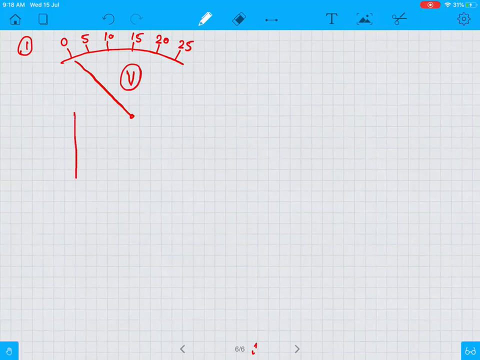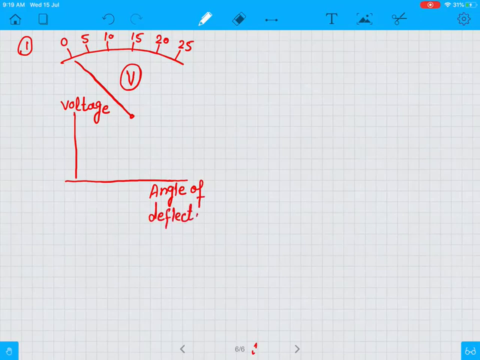Now you have to plot a graph of voltage on the y-axis and angle of deflection on the x-axis. So voltage on the y-axis and angle of deflection on the x-axis. This is the calibration curve for the first meter.